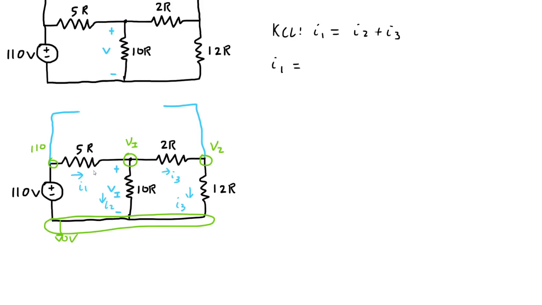And I1 is 110 minus V1. Let me just call it V1 because the V-I is a little bit hard to write. We'll just consider that V-I at the end. So V1 over 10. I2 is V1 over 10. I shouldn't write 10. That's 5.